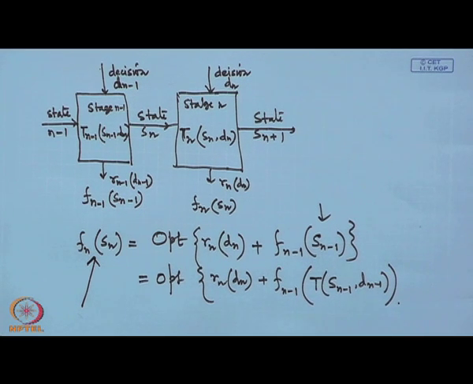This principle says that whenever we are in the current state, it depends only on the details about the current state, how many state variables there are, how many alternative decisions we can take in that stage, and on the information about the optimal solution of the previous stage.